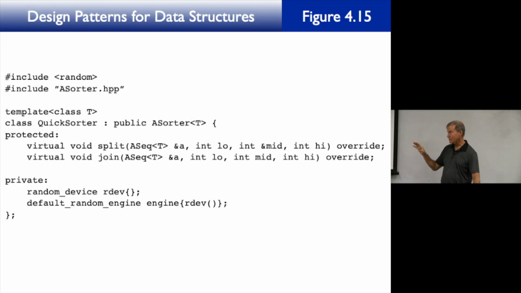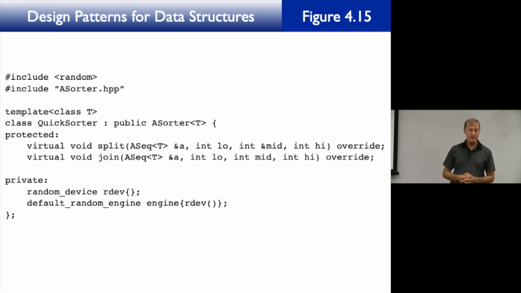So now let's take a look at the code. All we have to do is split and join, and there's the override stuff. And now we have two additional lines here that are private attributes of the quicksorter class: random device, RDEV, and default random engine. The details of how to use this are in the book, but what I'm showing you here is how to use the new C++11 random number generators, which are really, really good.